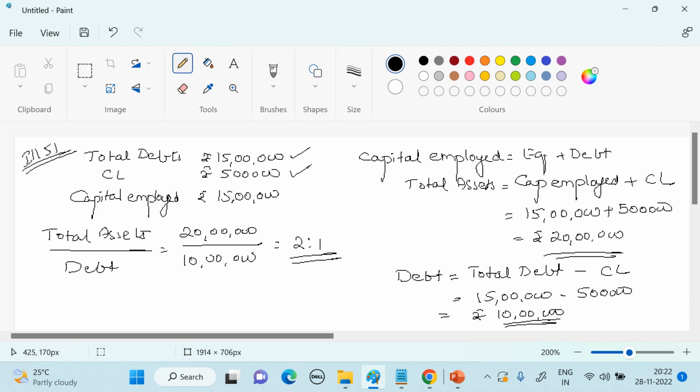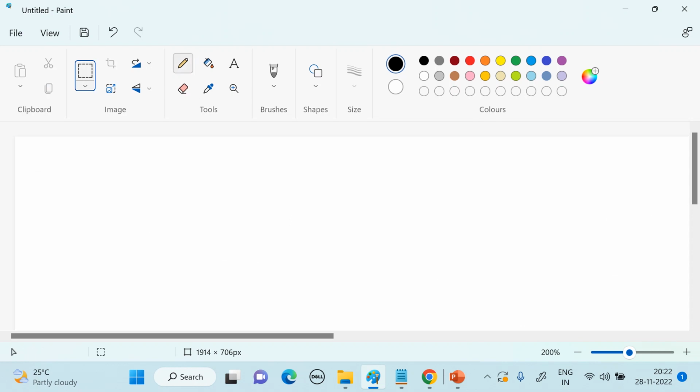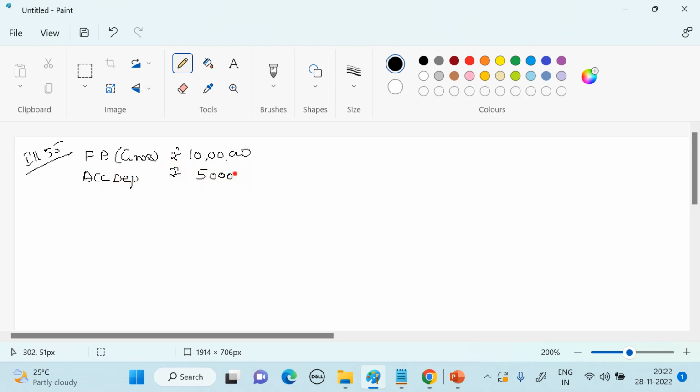Next question I've sent. Have a look at that. Illustration number 55. Fixed assets gross amount given at 10 lakh rupees. Accumulated depreciation given at 5 lakhs. Non-current investments at 50,000.